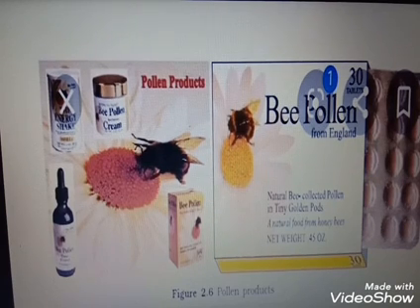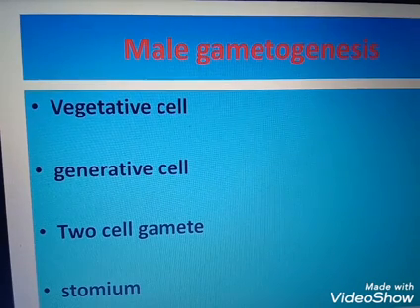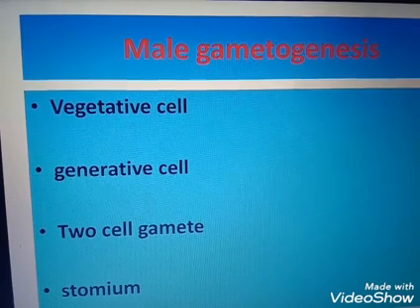So the pollen viability varies from a few minutes, as 30 minutes in rice and wheat, to several months in members like the Rosaceae, Leguminosae group. Clear? Then next we are discussing male gametogenesis. The male gamete develops within the pollen grains.